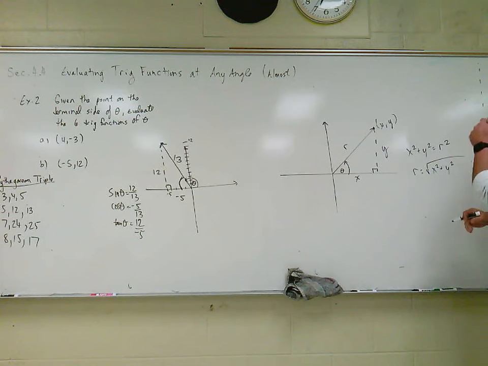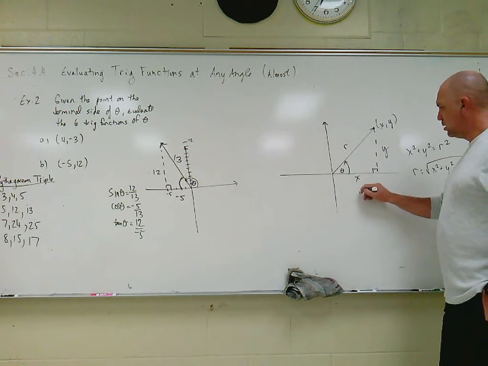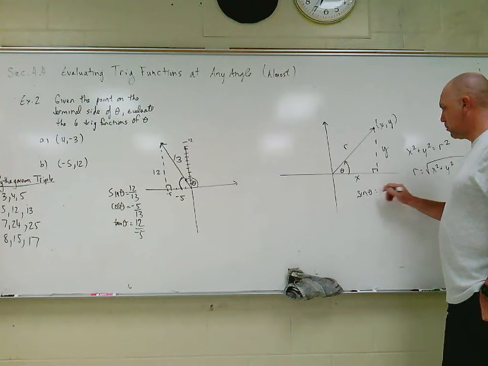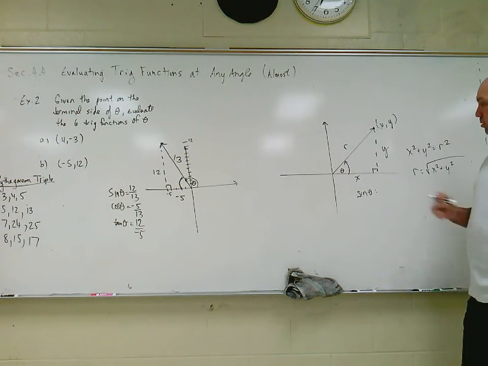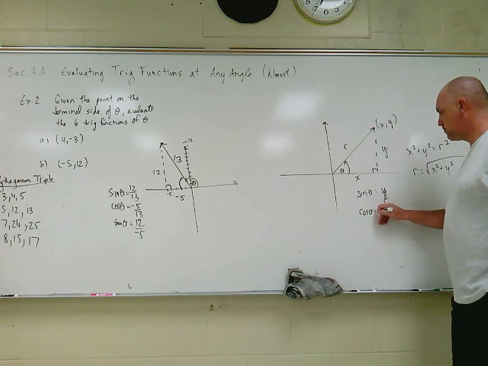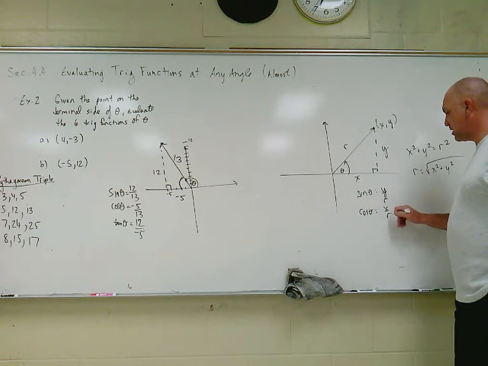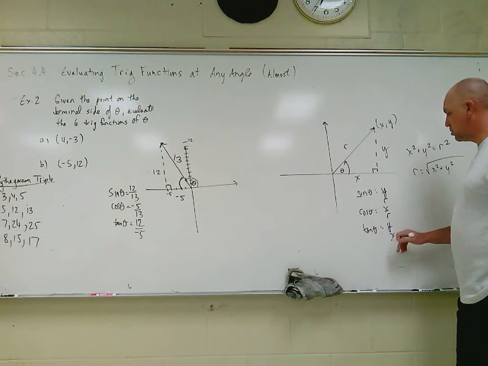There's that. Now, that's all I want you to see. If I did SOHCAHTOA here, sine of theta would be what? Just using this triangle. Sine of theta is what? Y over r. Cosine theta is what? And tangent theta is what? My question is this.